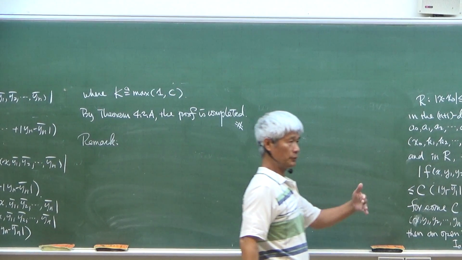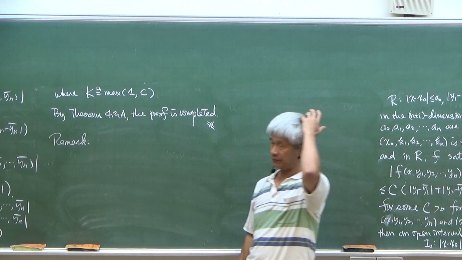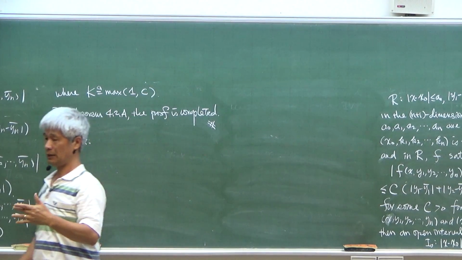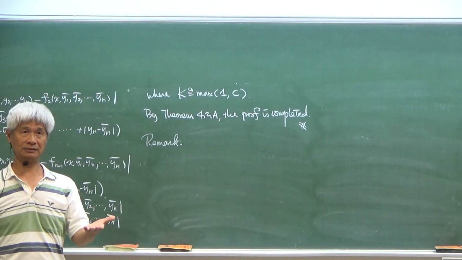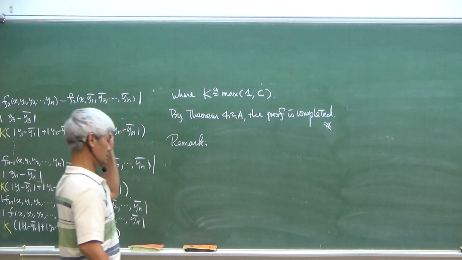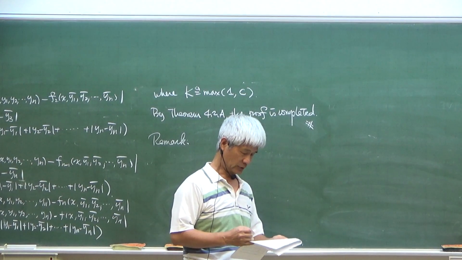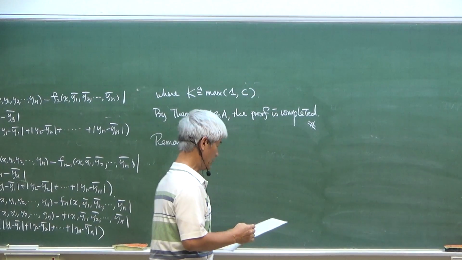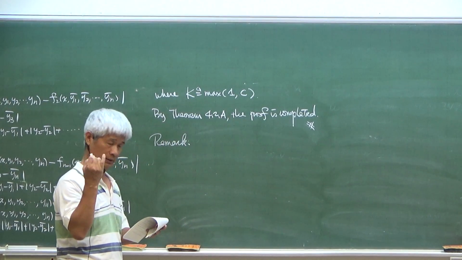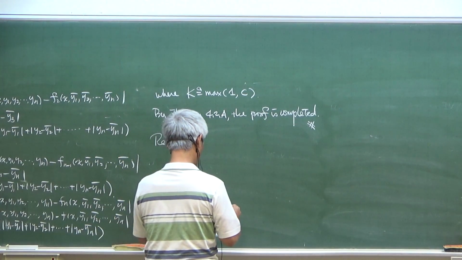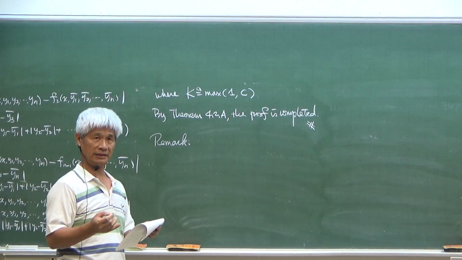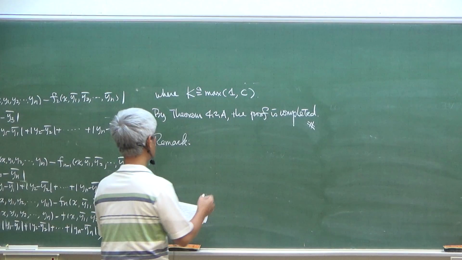In both theorem 4.2.A and 4.2.B, we need the Lipschitz condition. Sometimes the Lipschitz condition is not so easy to check, but we have an easy way to check whether a function satisfies it.